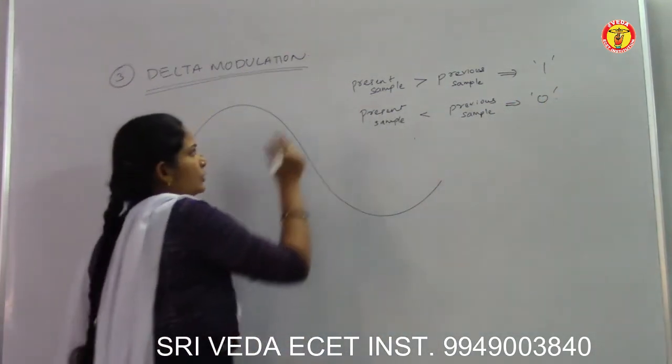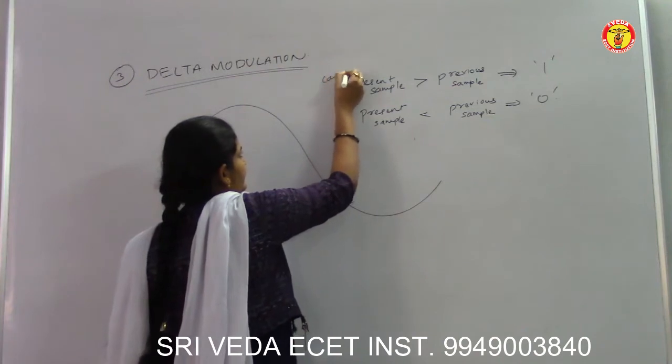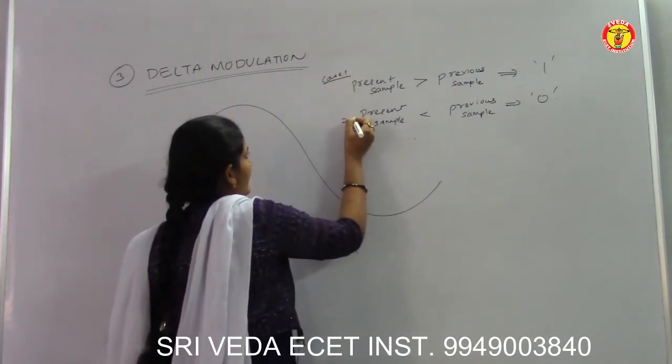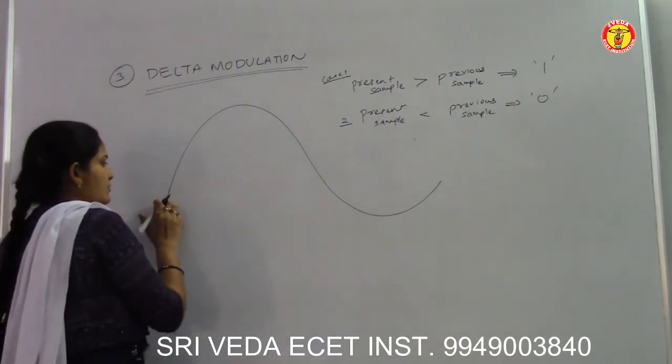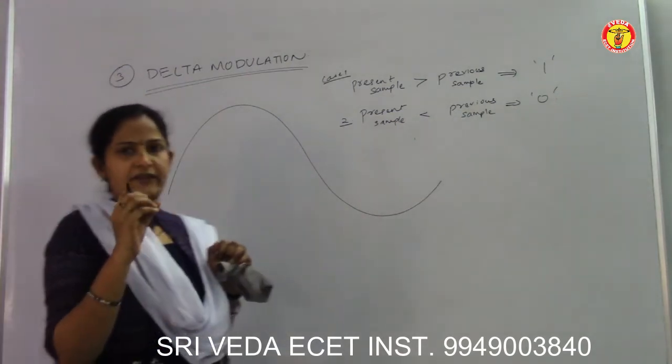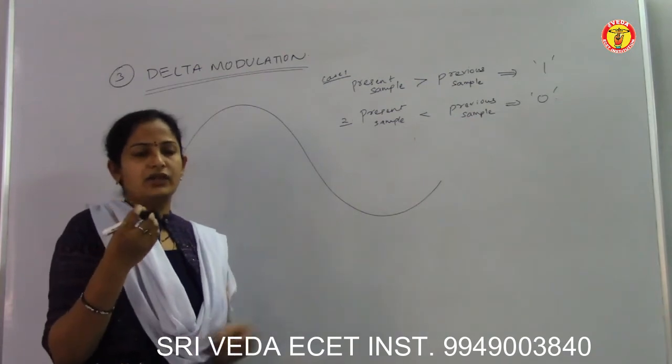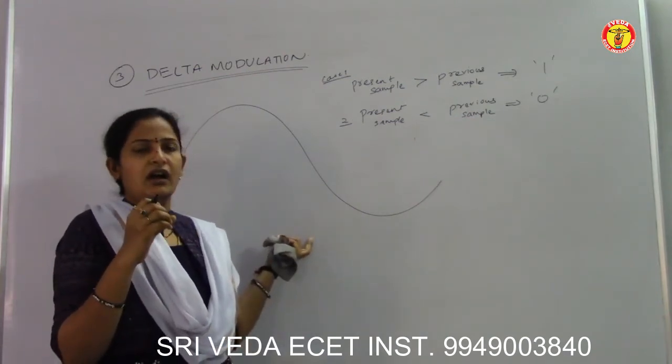These are the two cases. So how does this work in delta modulation?